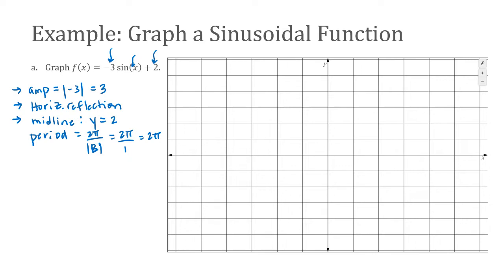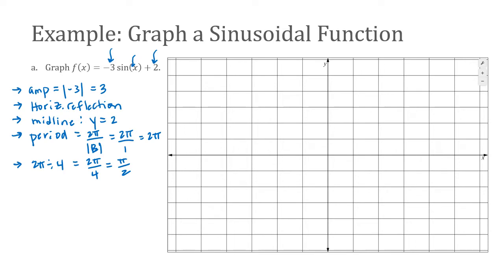The next step is to divide that period into 4 equal lengths. So I'm going to take 2 pi and divide it by 4. That gets me 2 pi over 4, which reduces to pi over 2. Now, on a graph, I'm going to make a tick mark on the horizontal axis for each of these 4 equal lengths.